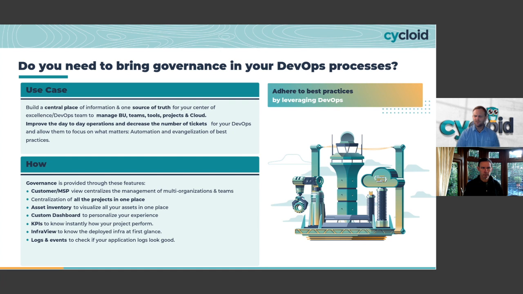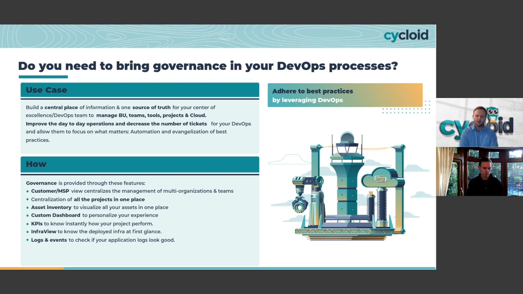Okay, so we have seen IDP brings you a self-service portal. It brings you automation of your end-to-end processes. It can also generate the automation for you in a few clicks. All that is great for sure, and it makes big differentiators and improves profitability. But you also need governance, right? Because you need a platform that is going to be the single source of truth to manage all your customers, your BU, your teams, your tools, your projects, your cloud.